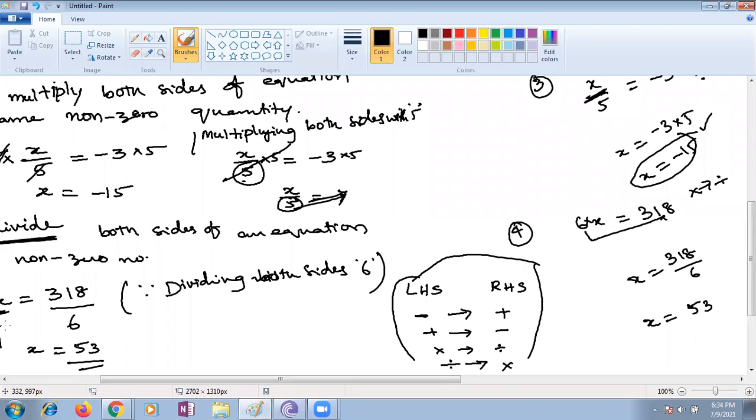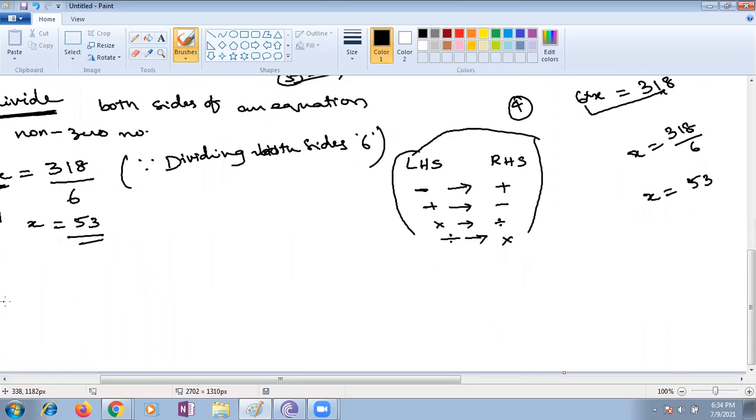Can you do it like that, or should we only do plus? Ma'am, you gave us the example x minus 6 equals 12. So can you also do x minus 6 into 6 equals 12 into 6?